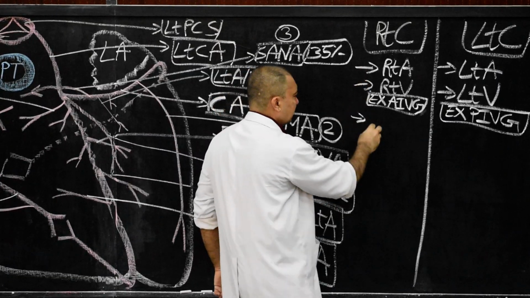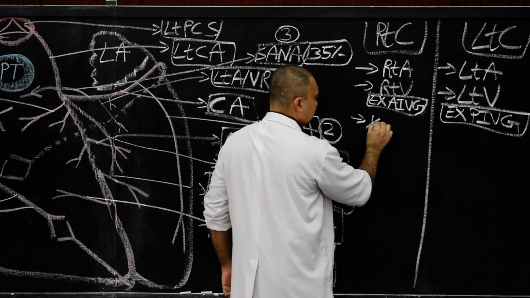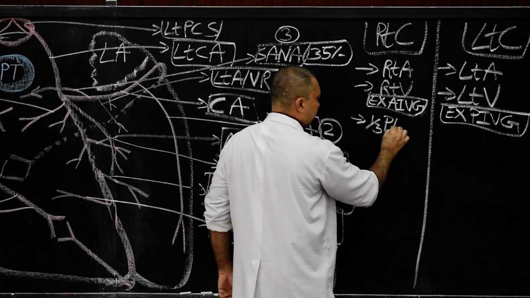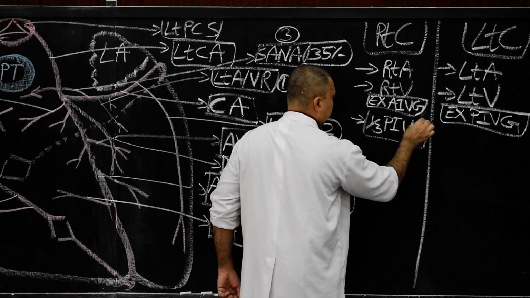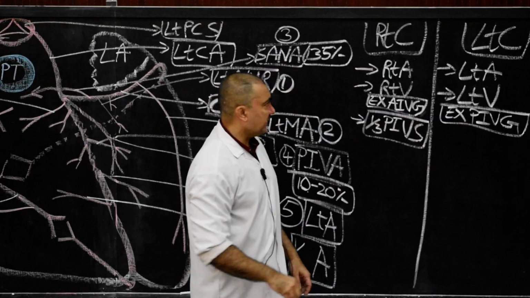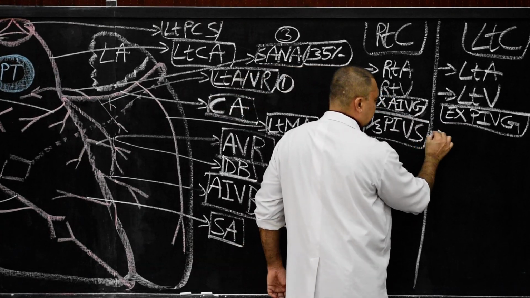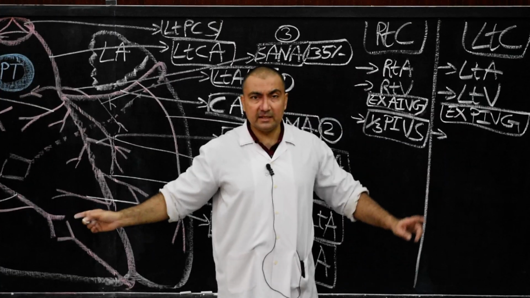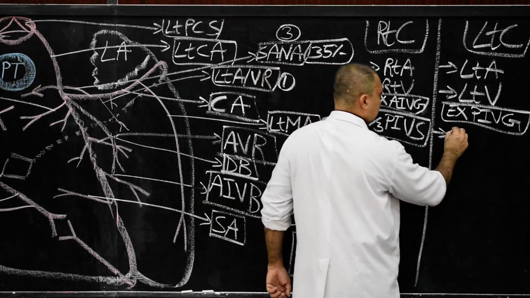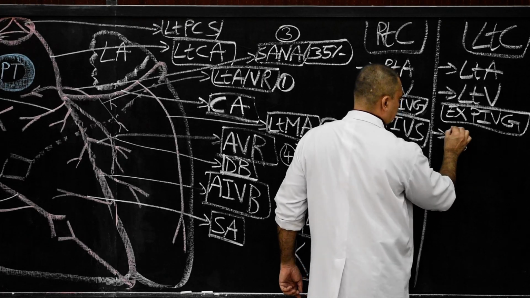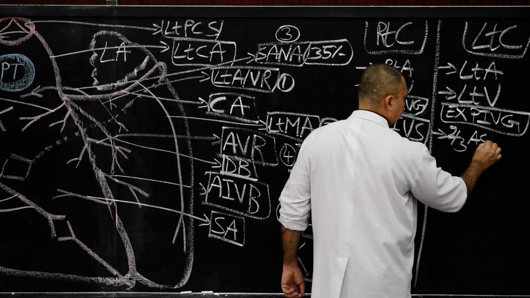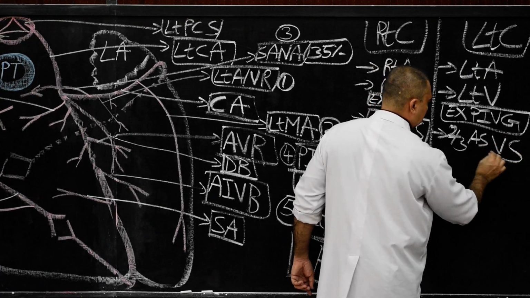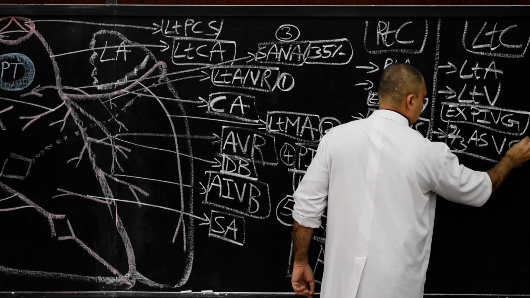The right coronary artery supplies 1/3 of the posterior inferior part of the ventricular septum. This is very, very important. And the left coronary artery will supply the 2/3, please note down, 2/3 of the anterior superior part of the ventricular septum.